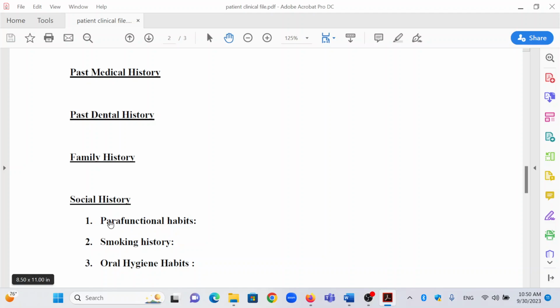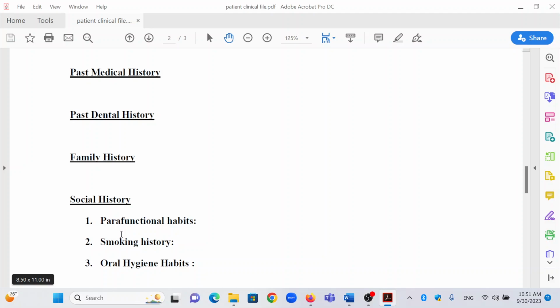So the meaning of parafunctional habits is the habits in which the patient uses the orofacial complex in a way that is damaging or destructive. This may have damaging effects on the teeth, for example, or on the soft tissues.